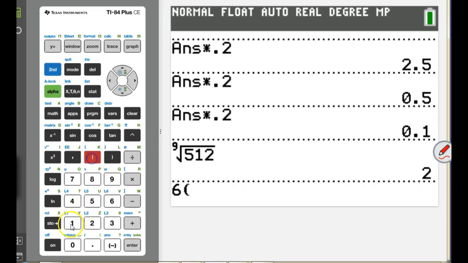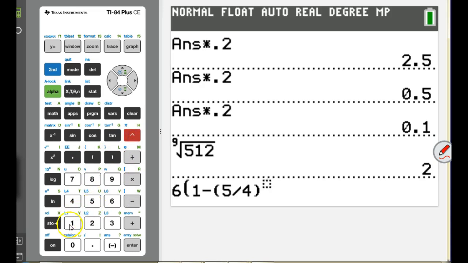Okay, 6 times the quantity, 1 minus, I'm even going to do it as a fraction, to the 12th. It's not n minus 1. Did everybody notice that in the formula? It's just to the n, okay? Arrow to the right, close that parenthesis, then divide it by 1 minus 5/4.